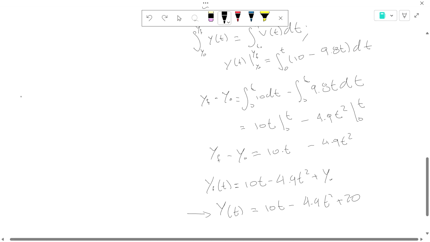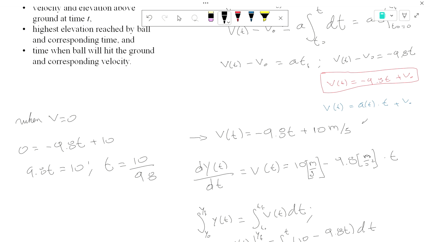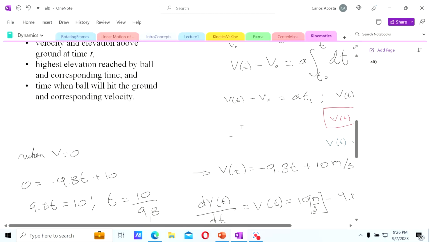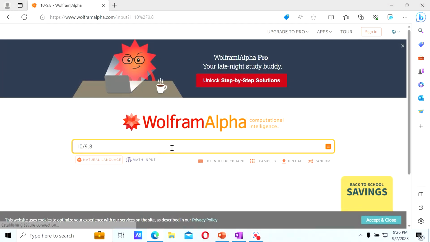So let's do this. When v equals 0, we have 0 equals negative 9.8 t plus 10, then 9.8 t equals 10. So t equals 10 divided by 9.8. All right, okay, we do 10 divided by 9.8.